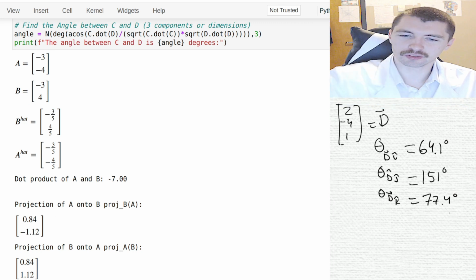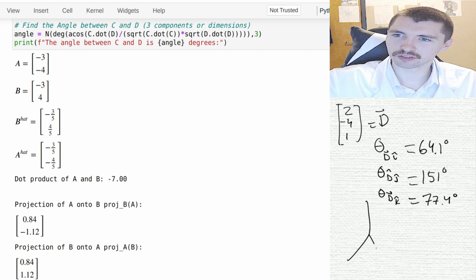So maybe we can visualize this a little bit more. So we have 1 in the Z, 2 in the X, -4, 1, 2, 3, 4.